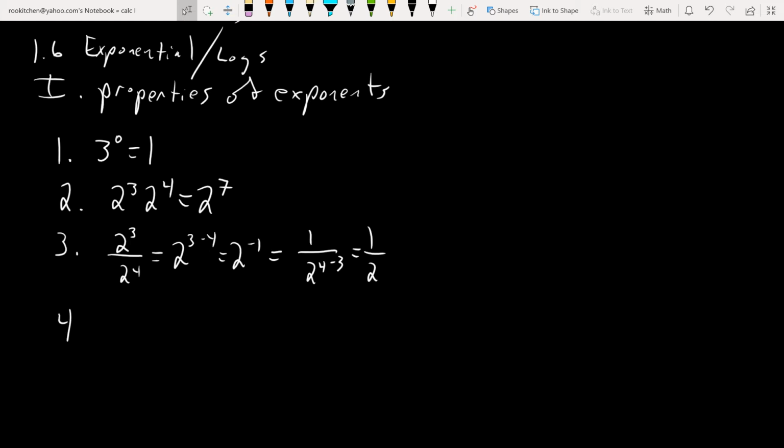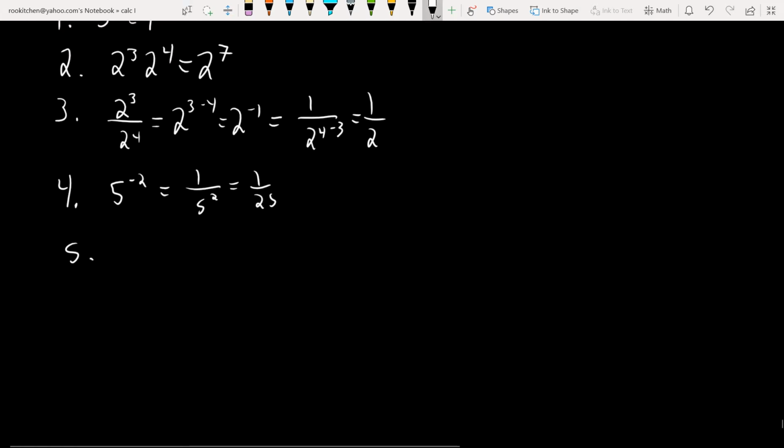So from there you can see there are some negative exponent rules. If you have 5 to the negative 2, you could rewrite that as 1 all over 5 squared, which is 1 over 25. Stuff like that.